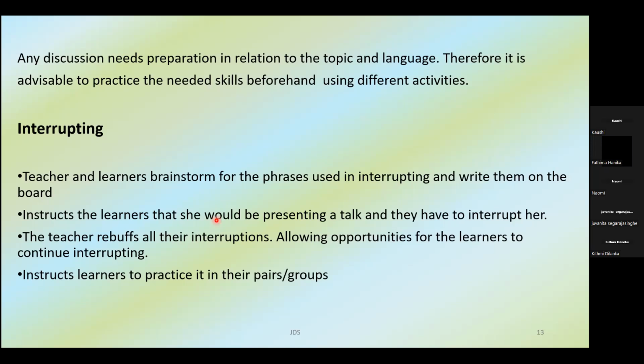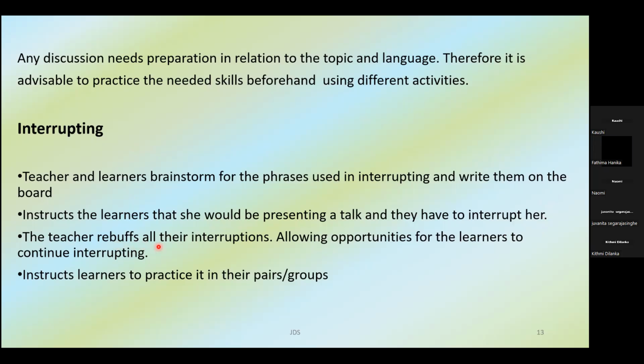Instruct learners that the teacher would be talking and they have to interrupt her. So the teacher would be speaking on a topic, and the learners would be interrupting. The teacher is not going to wait and listen. The teacher will continue to talk, and the learners too need to continue to interrupt. So that is how they learn how to interrupt.